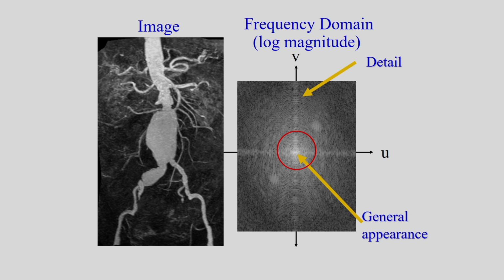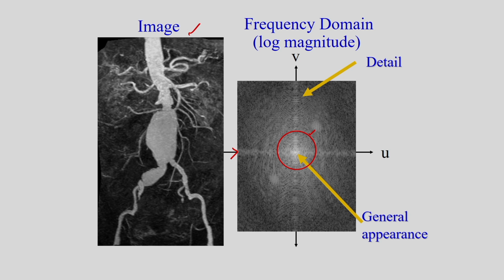Here I am showing one example. I have shown one image, this input image, and corresponding to this image I have the Fourier transform. This is my Fourier transform, and I have shown a circle, and if I consider this portion only, that means I am only considering the low frequency information that gives the general appearance of the image.